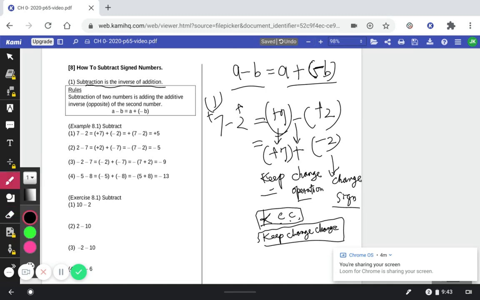First you keep positive on both. You keep the first one, positive 7, change the minus into plus, and change the positive 2 into a negative 2. So now you have addition of different signs. You subtract, and keep the bigger number's sign, so you end up with a positive 5.